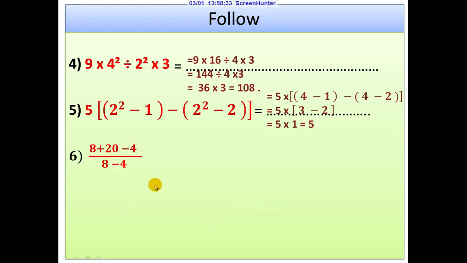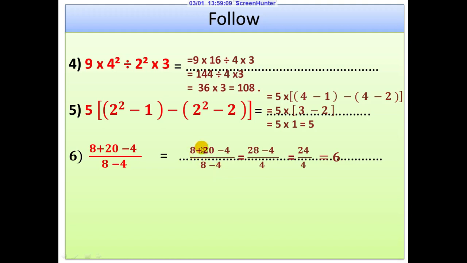If we have this operation, 8 plus 20 minus 4 over 8 minus 4, which must we do first? We must do the numerator alone and the denominator alone. How? We add 8 plus 20 up and subtract 8 minus 4 down. The first operation is addition.